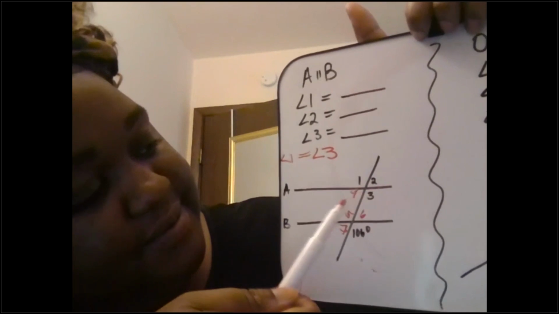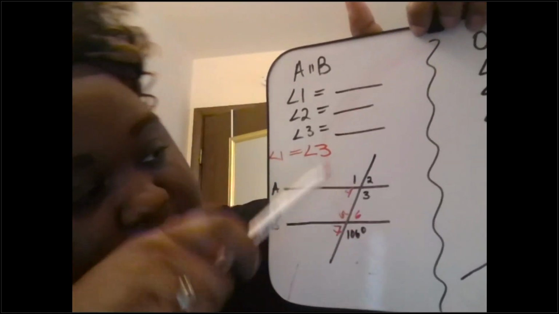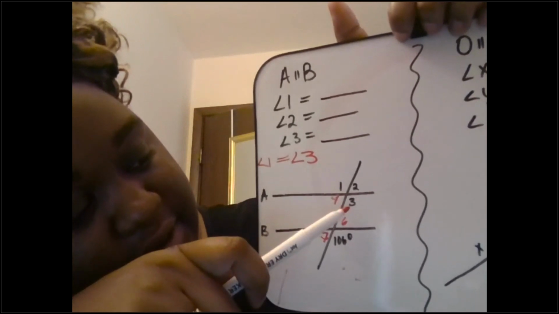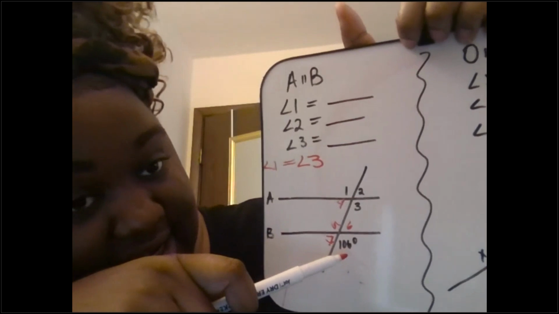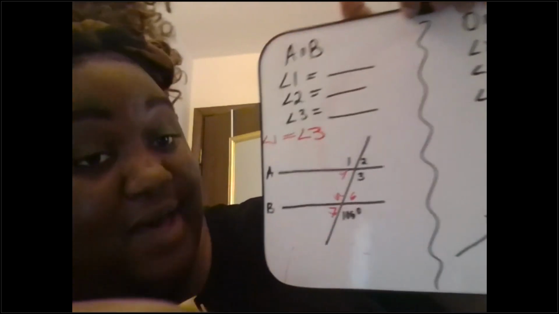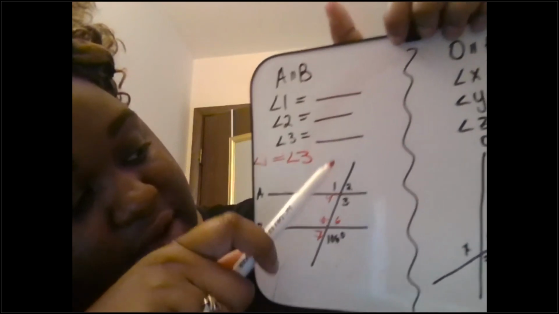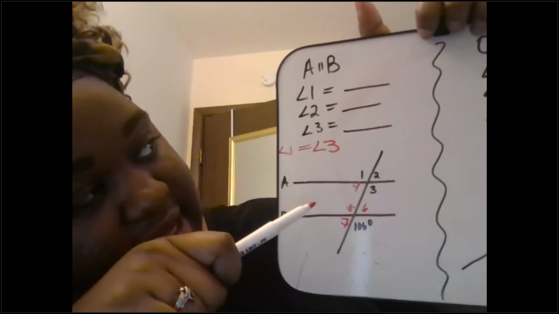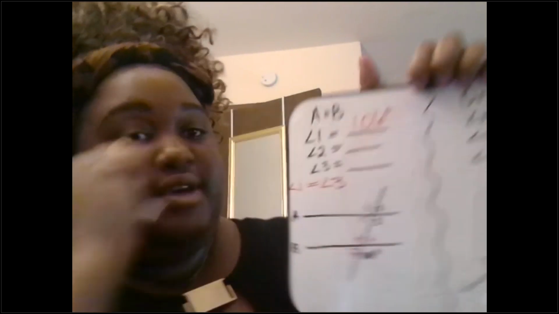That lets me know that, remembering back to our notes, angle 1 and angle 3 are equal, which are equal to angle 5 and angle 8. So I know angle 8 is 106 degrees. So that lets me know that angle 1, which is also obtuse, by the way, is 106 degrees.